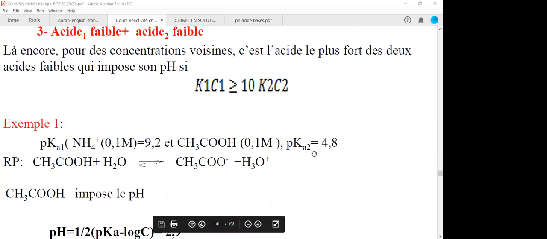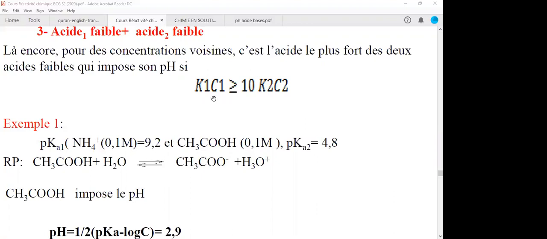Since they've said that CH3COOH imposes the pH, it is the one supposed to be on this side, replacing Ka1C1. So 10 to the power negative 4.8 times the concentration 0.1 must be greater than or equal to 10 times 10 to the power negative 9.2 times its concentration in this one.